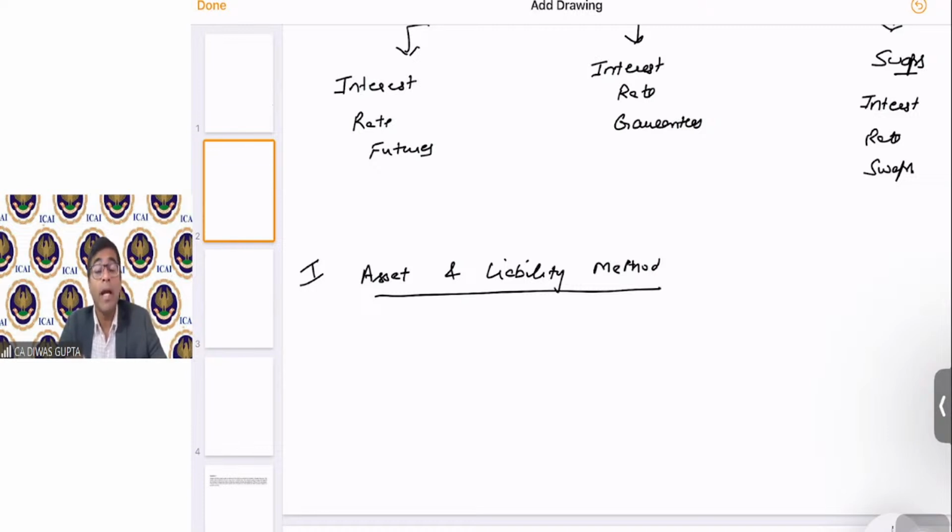Because what happens, the underlying of interest cost or interest income is your liability or asset respectively, right? Now, imagine that you have a pool of assets and a pool of liabilities in your balance sheet.